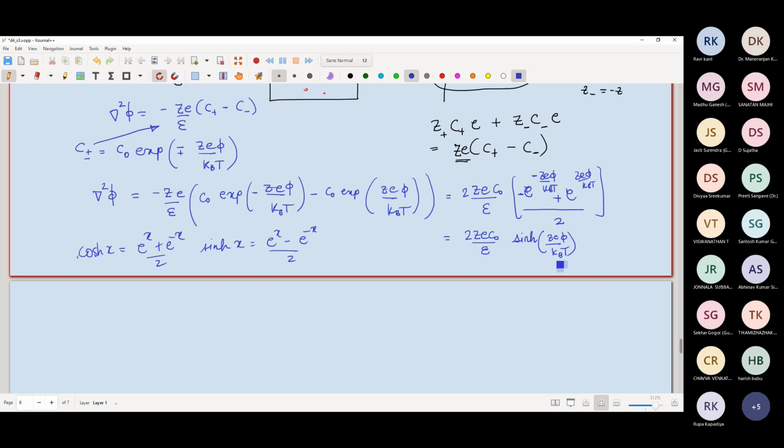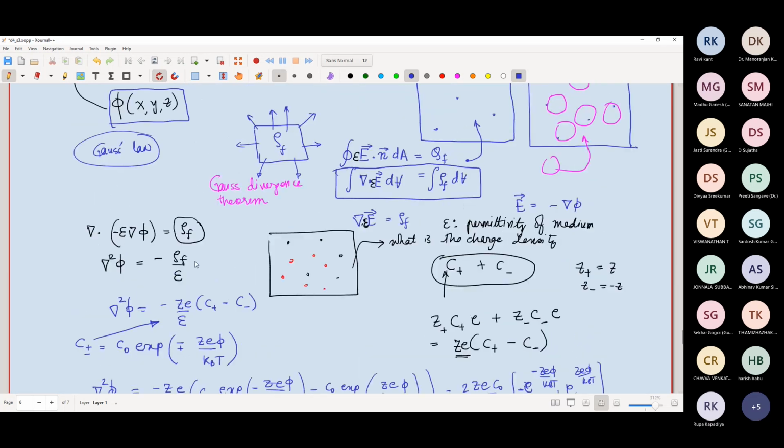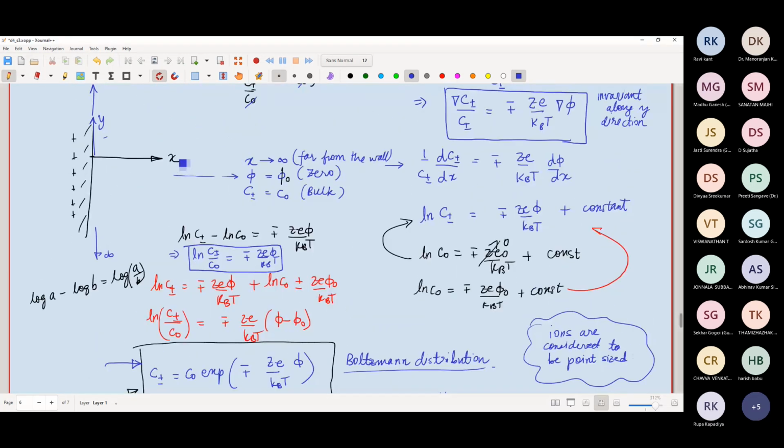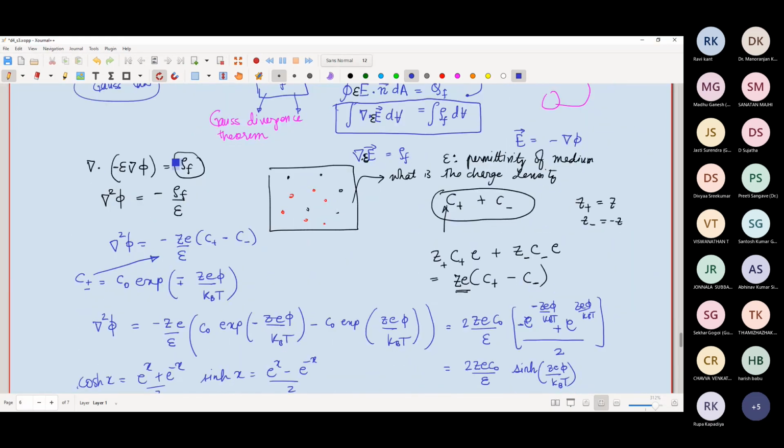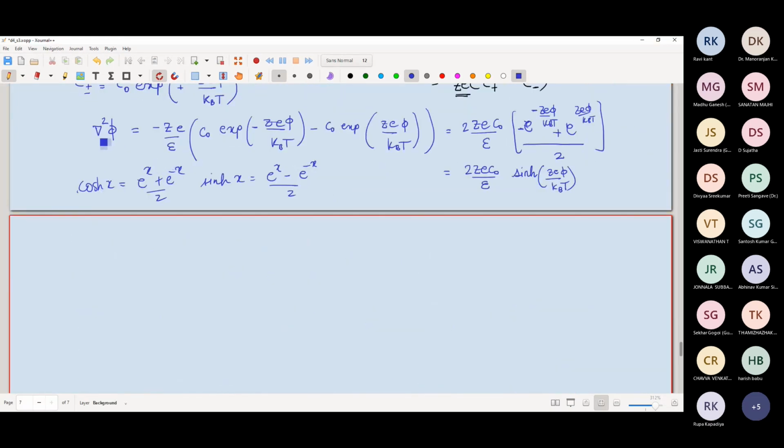So we have converted into this. And because we are dealing with the distribution only in the x direction, we can write this Laplacian of phi as d2 phi dx2 is equal to 2 Ze C naught over epsilon times sinh of Ze phi over kBT.